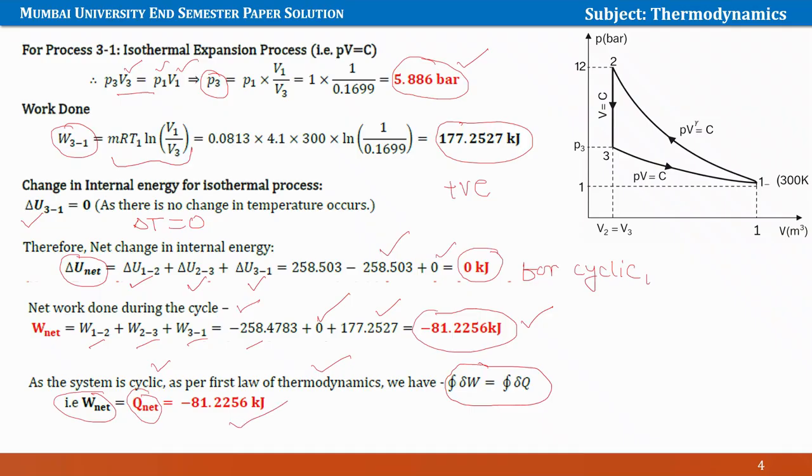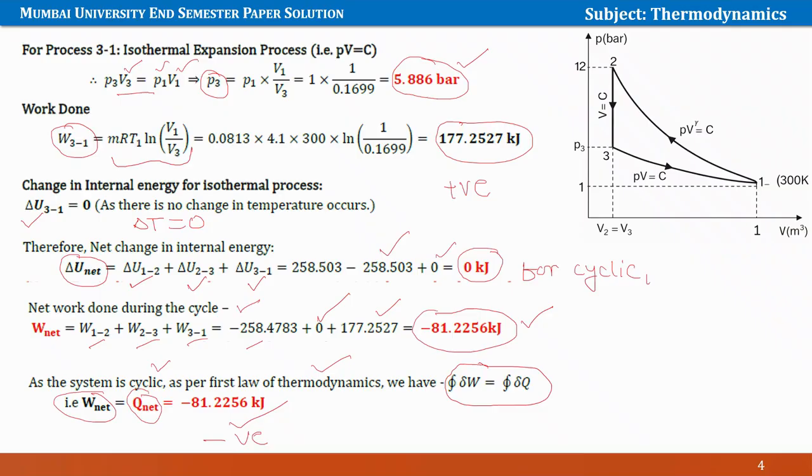Here also the net heat transfer is negative. It means the system is giving out heat, that is the meaning.